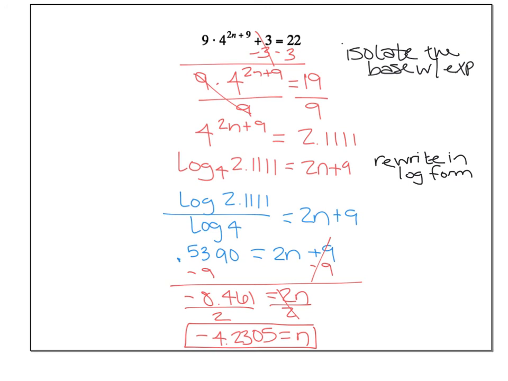So basically, what we're trying to do is get this into exponential form. We want to have this in the exponential setup so that we can rewrite this in logarithmic form. Then we use the change of base. Then we actually do our calculations. And we do the algebra. And if you can get that process down, you will be good to go.